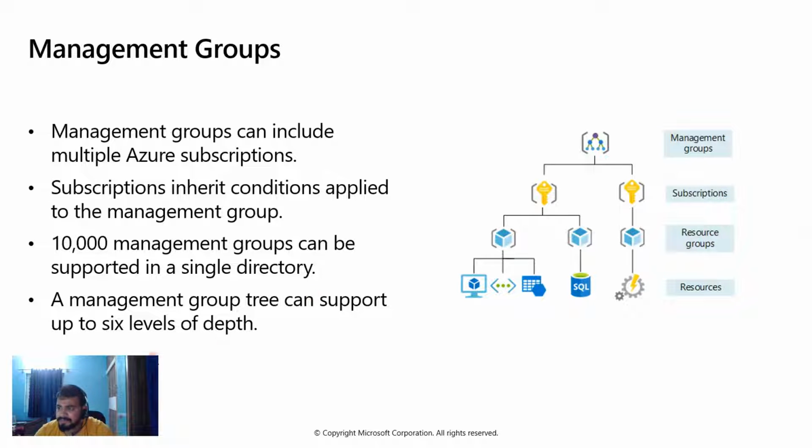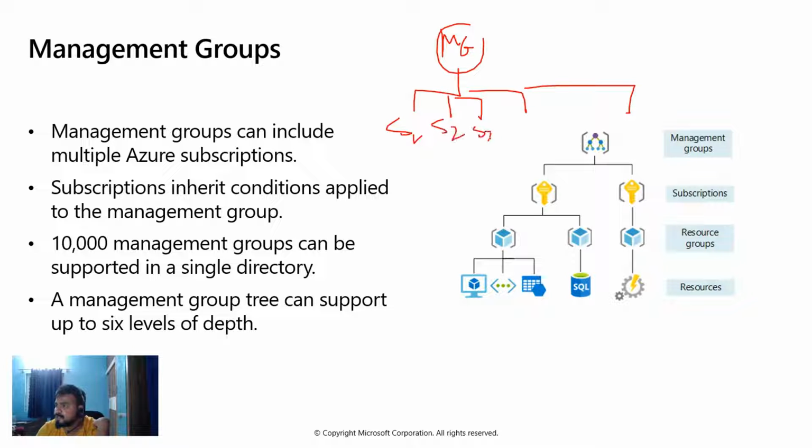So it supports six levels of depth like this. One subscription inside this and so on. So management groups, we saw how these are created. If I just show it in a better way: a management group, inside this, subscription 1, subscription 2, subscription 3, subscription 4, subscription 5.